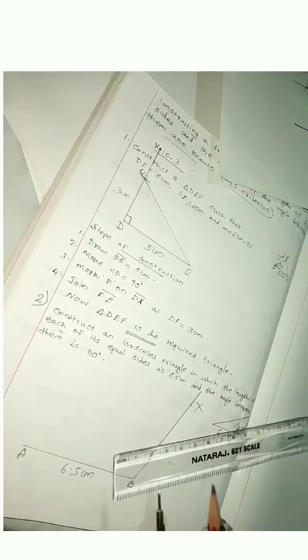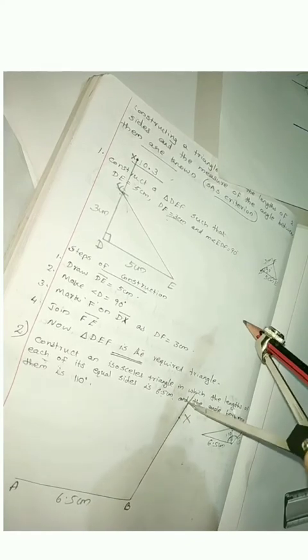Now we have to measure on this side 6.5 centimeter. We can use the compass. We can take 6.5 centimeter as compass distance.